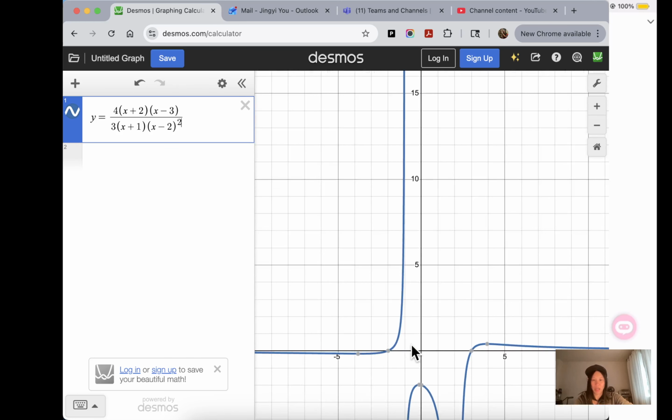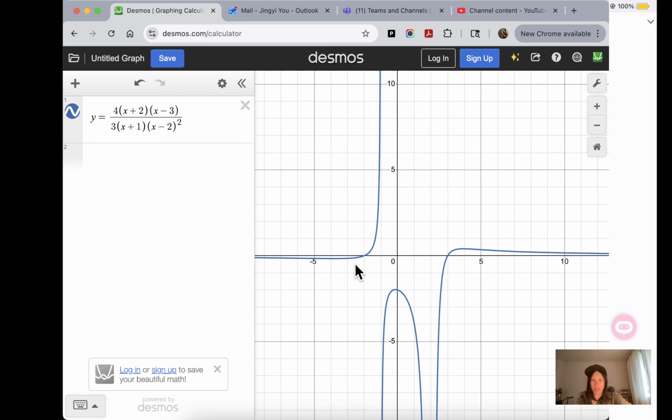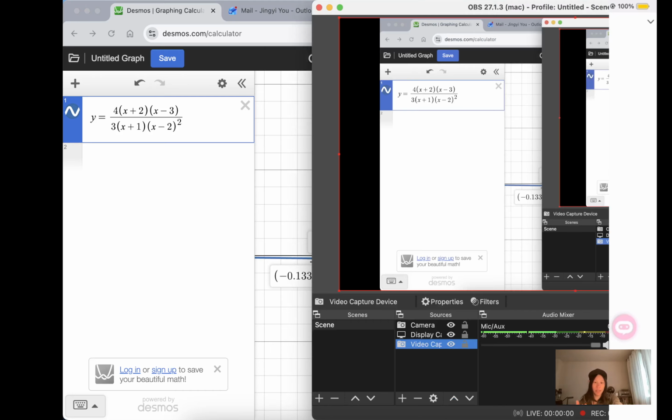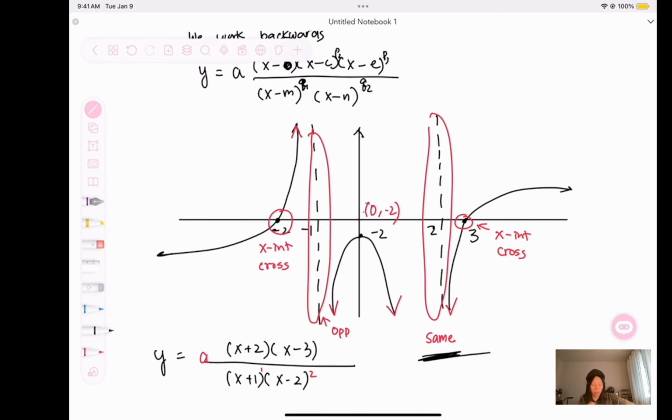Yep, that's the graph we have, and it matches all the points that we got, this point and this point. So we're good to go. One more thing we need to check is removable discontinuity. The graph didn't show us any removable discontinuity, so this is good. Okay, that's it. See you in the next video.